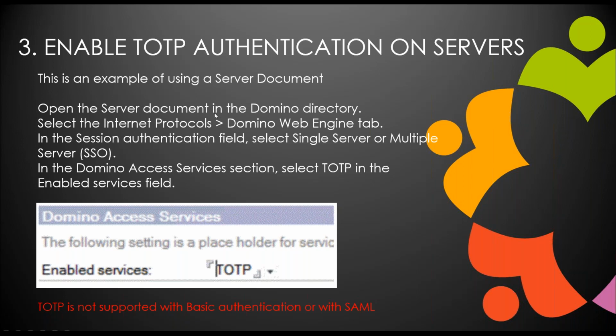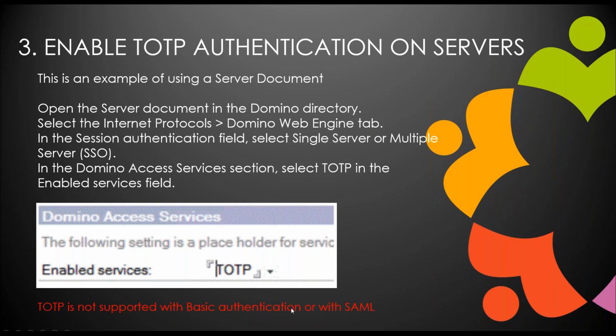You just open the server document, select Internet Protocols, Domino Web Engine. In the session authentication, you have to select single server or multiple server. There's a note you see at the bottom of the slide: TOTP is not supported with either basic authentication or SAML.